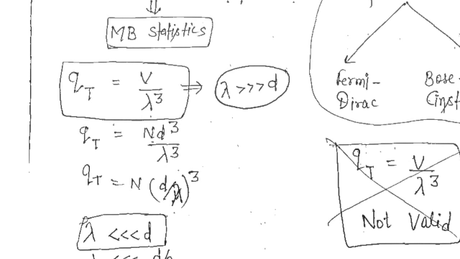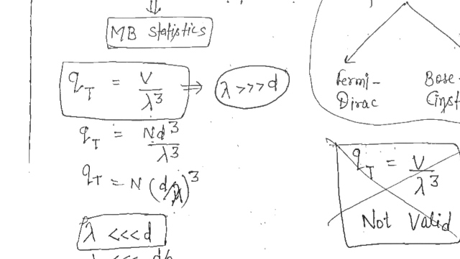Alright, so this is for the system. We have just put the value of v for the container having n particles. It becomes now nd cube, and lambda cube remains intact. So now qt equals n, and taken d by lambda whole cube.